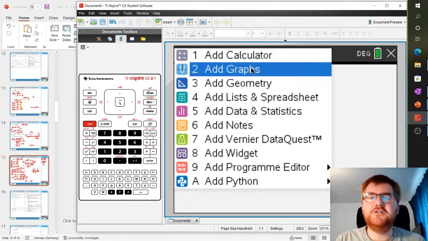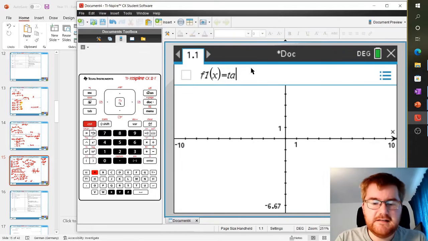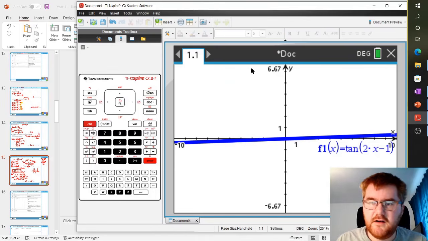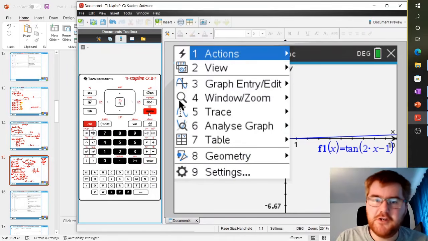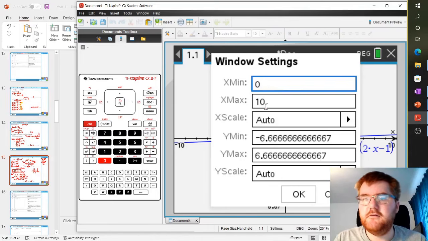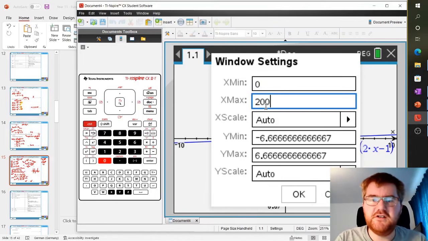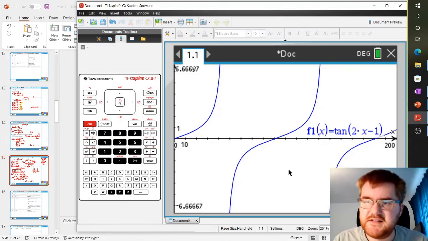And something I really encourage you to do, particularly if you're going on to IB, is first of all we type in tan 2x minus 1. That's going to give us a tan graph, and at the moment it looks kind of weird, but we need to change that domain that we talked about before. So we change x between 0, I'm going to put 200 just so you can see what's going on. This will then give us that tan graph that I drew a quick sketch of.